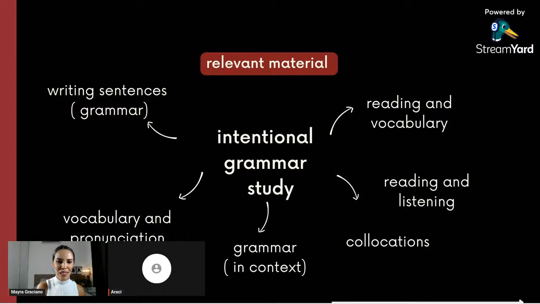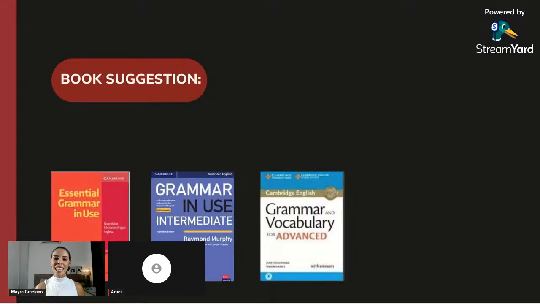All right? Good. And then I'm going to give you some suggestions here. Essential Grammar in Use. If you want to have books of grammar to check how grammar occurs, so you can have something to complement, yes, it's great. Essential Grammar in Use is a great book. I have the whole collection.